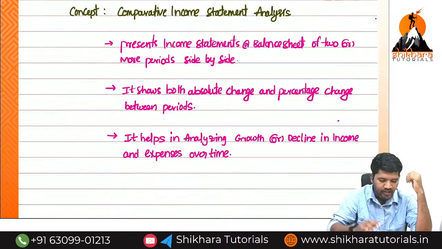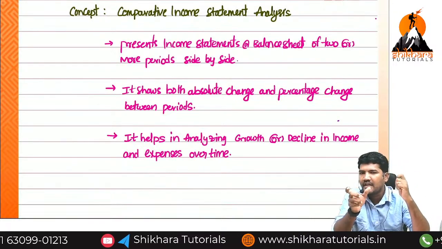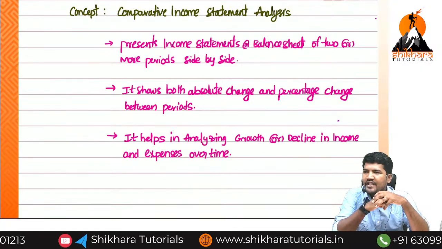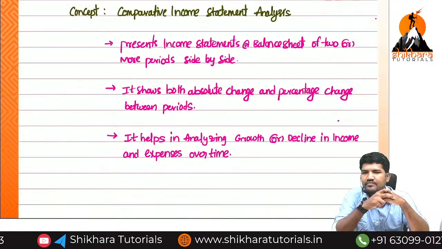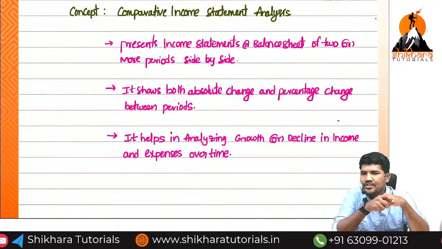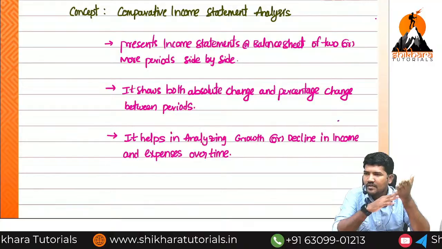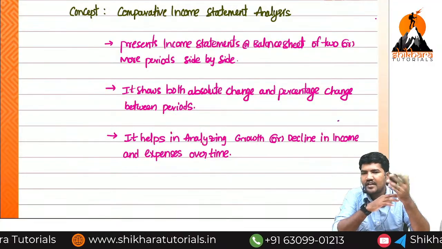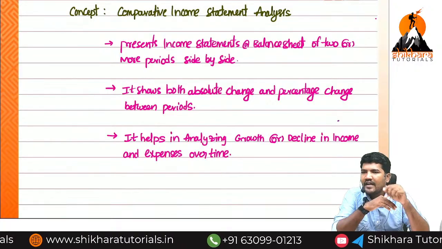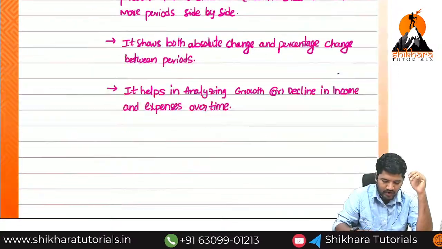It shows both absolute change and percentage change between periods. What does absolute change mean? Absolute change represents numerical change, the rupee change, and also percentage change. How do you get percentage change? Current year value minus previous year value divided by previous year value into 100. How do we get absolute change? Current year value minus previous year value. Are you clear? Now let us check the third point.